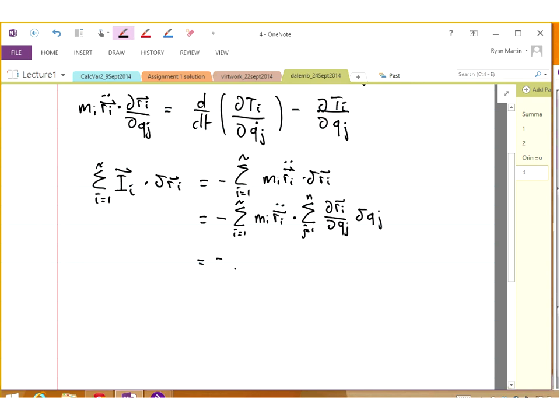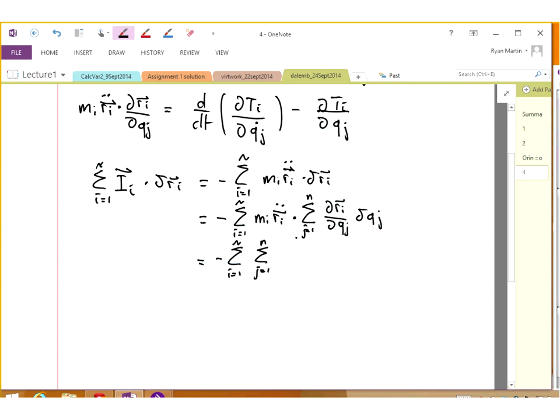Now what we did is we found that we could rewrite this as minus the sum of I equals 1 to big N, taking the sum over j out, so it's the sum of j equals 1 to little n of m_i r_i double dot dotted with ∂r_i/∂q_j times delta q_j.